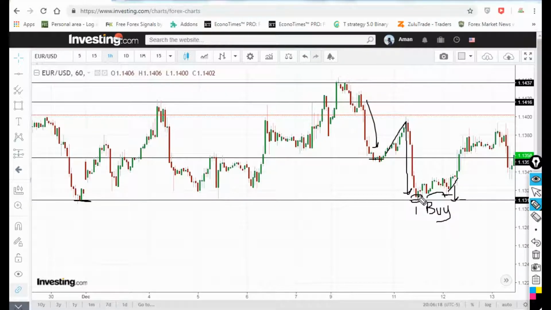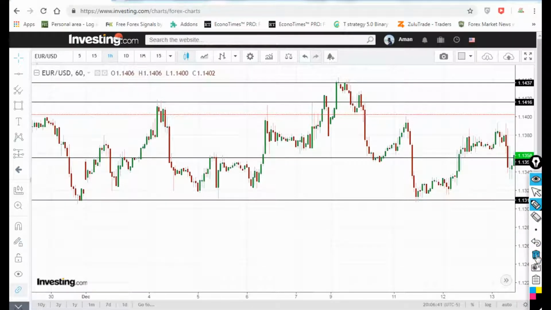Now after this confirmed buy, if you trade only this part, then you also take some pips. But if you take more risk on a longer trade, then your exact TP will be your second support and resistance level. It's simple, it's very simple.